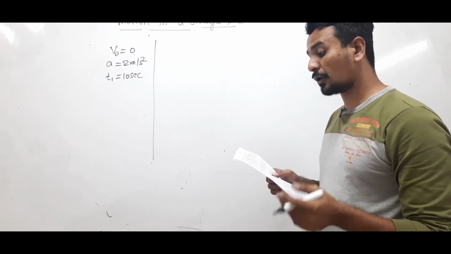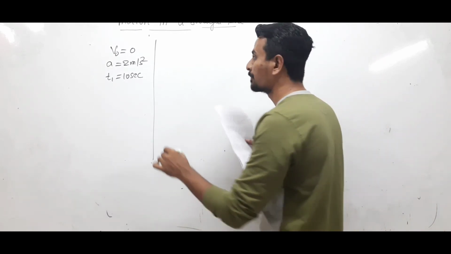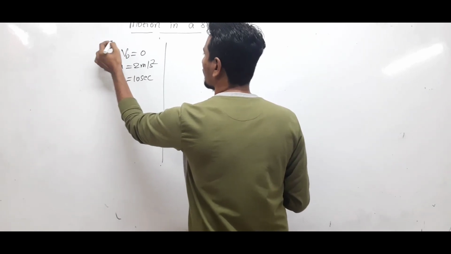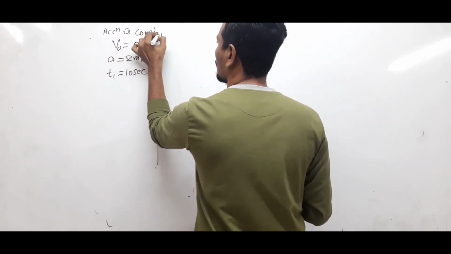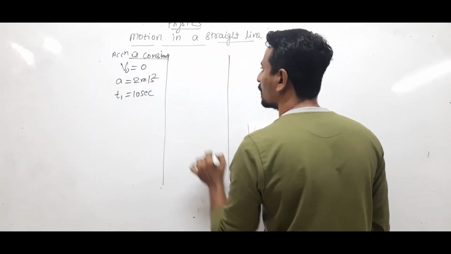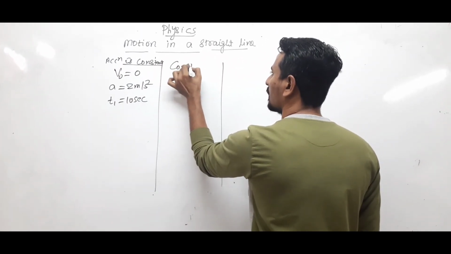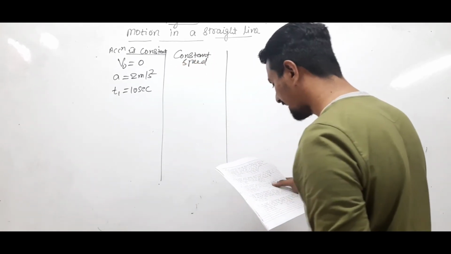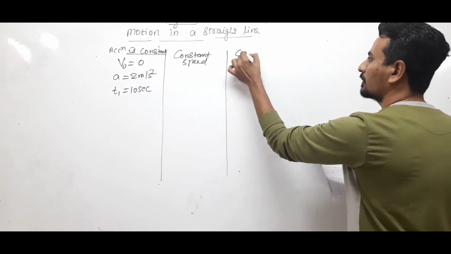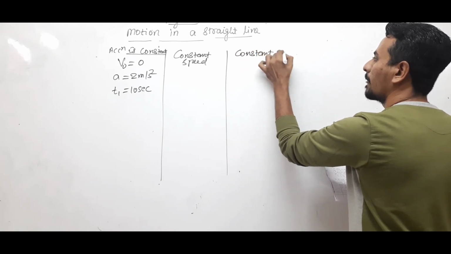Then it is moving with constant speed for 30 seconds, so here acceleration is zero. Then it is moving with constant speed. And then it is again performing retardation, that means again constant acceleration.